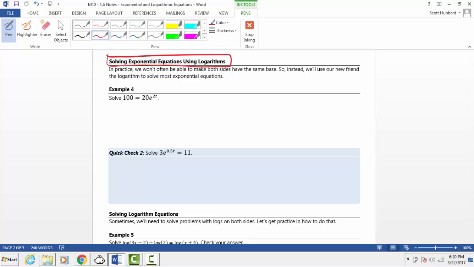What we really use when we have any exponential problem is a logarithm, because a logarithm undoes an exponent. Just to recap, logs undo exponents. So let's take a look at some practice. Step 1 on any of these exponential problems is you want to isolate the exponent.